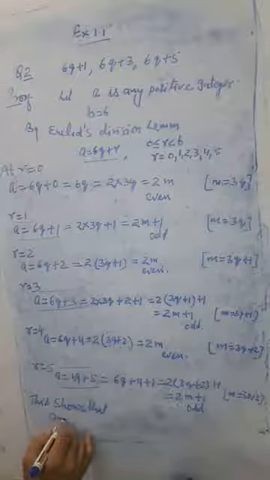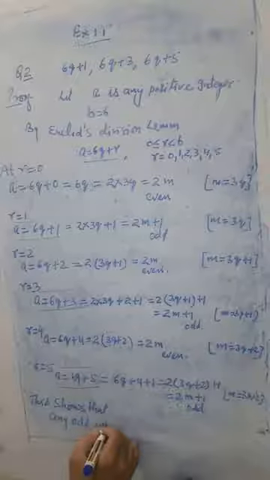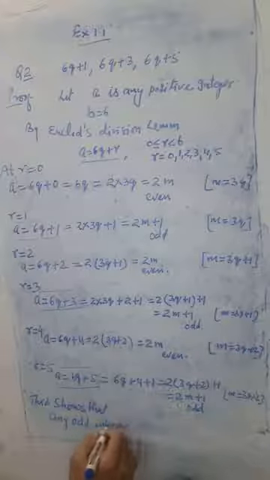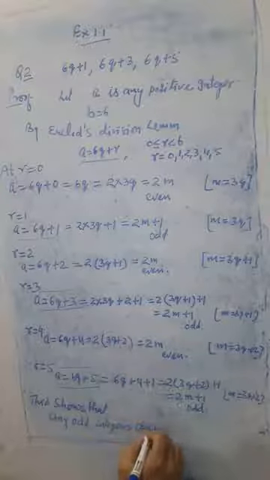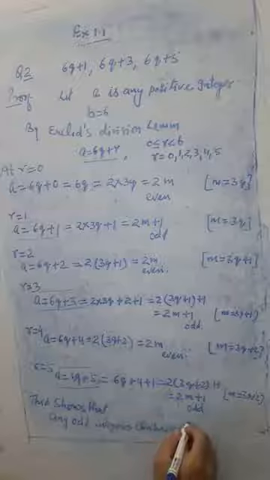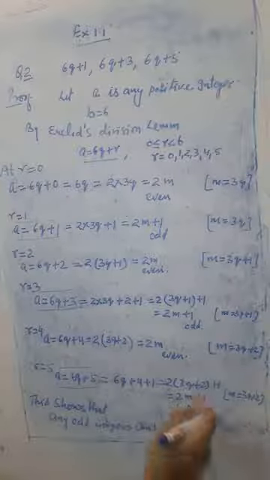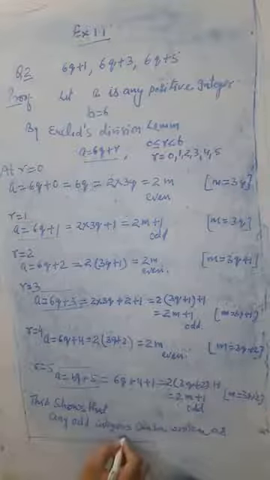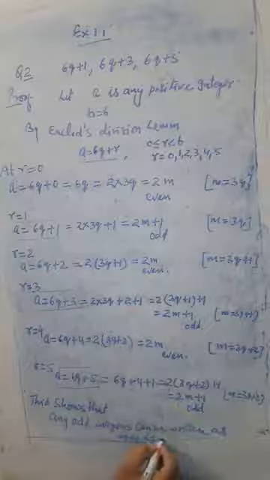So this shows that any odd integer can be represented or written as 6q plus 1, 6q plus 3 and 6q plus 5.